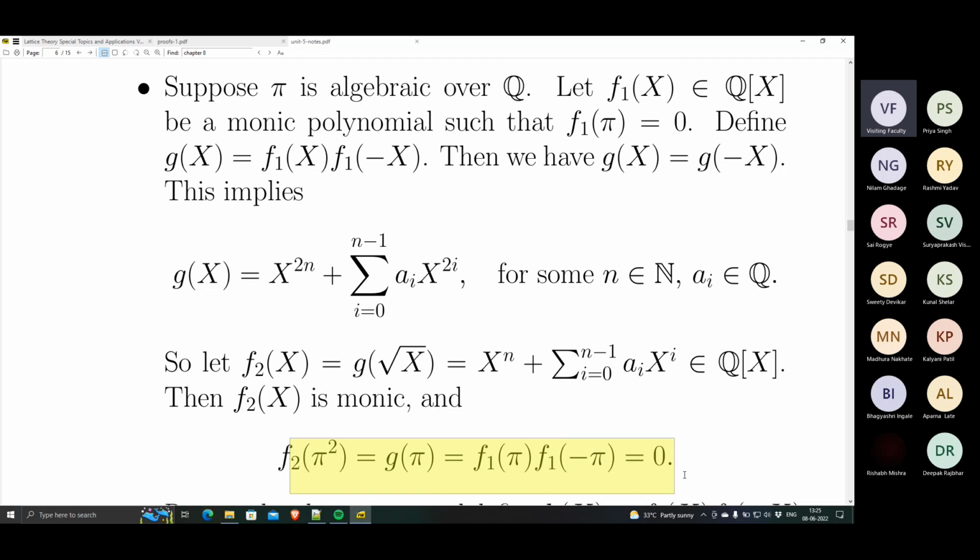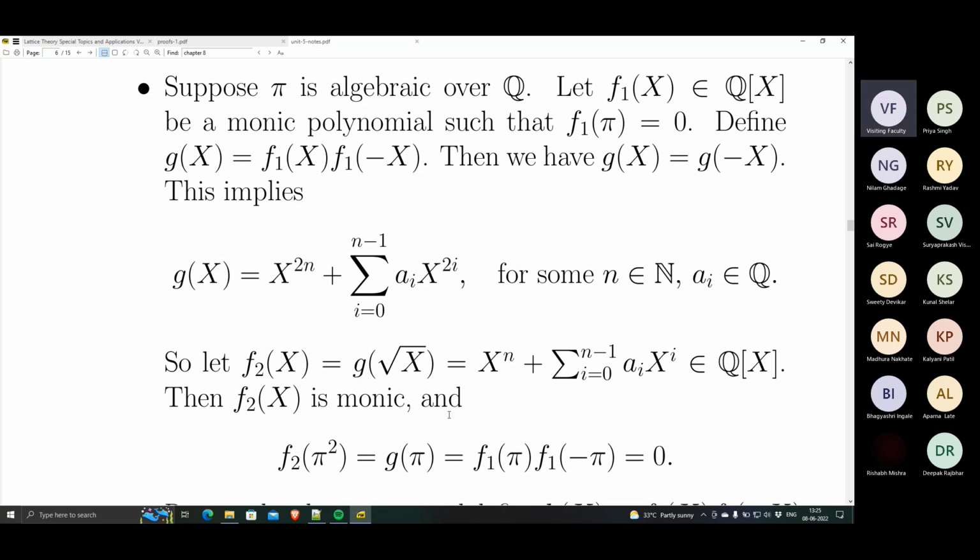This shows that pi squared is algebraic because f2 vanishes at pi squared and f2 is monic. Okay, and f2 is over the rationals because everywhere here we are not losing the rational property at all. Not even here when you take square root of x, because the coefficients remain as they are. They were rational before, they are rational now.